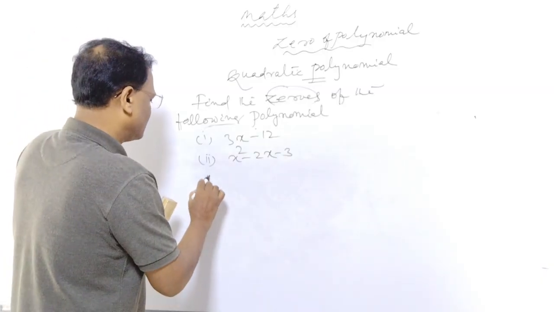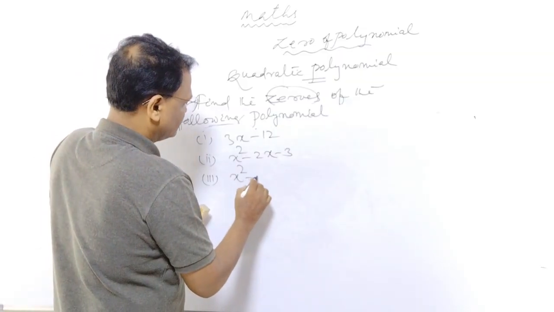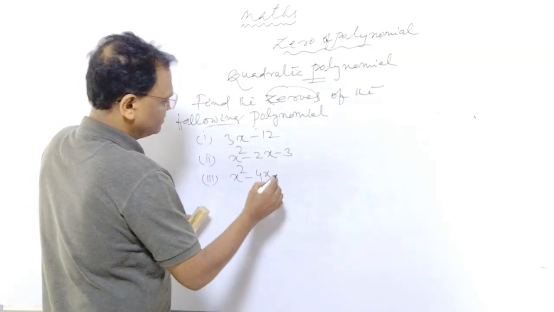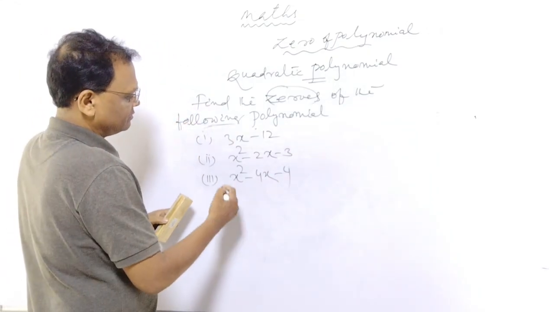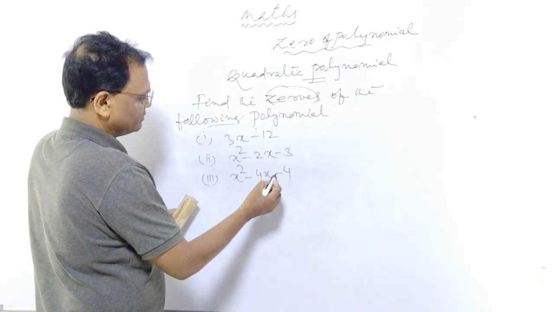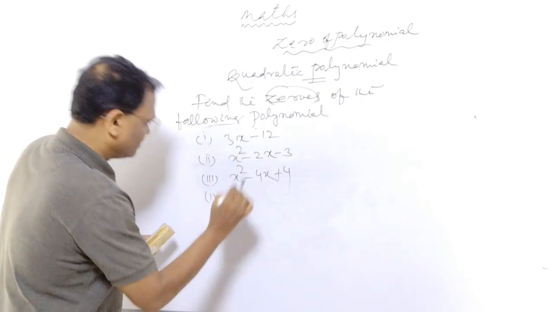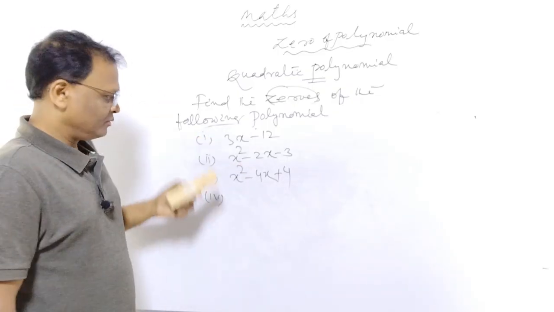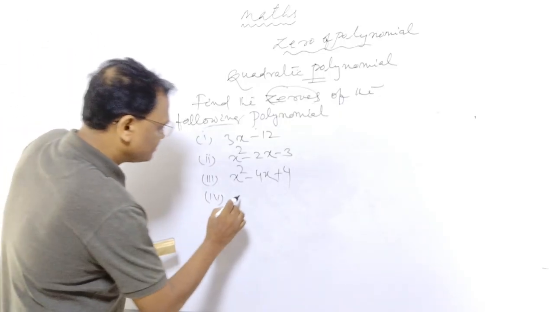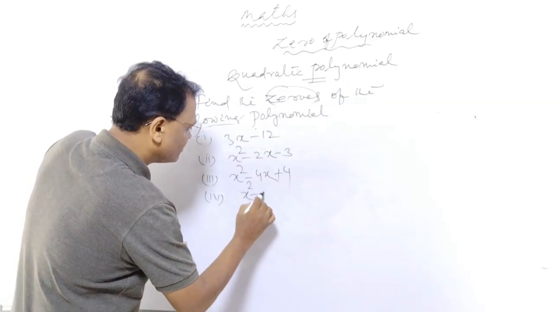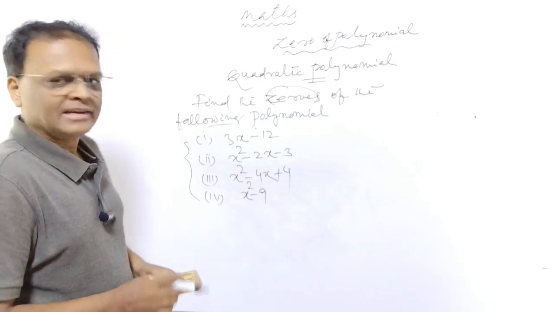Third one is x square and 4x. Fourth one is without splitting. So I am giving one linear polynomial, two quadratic, and one without splitting. These are the questions that you have to try at least.